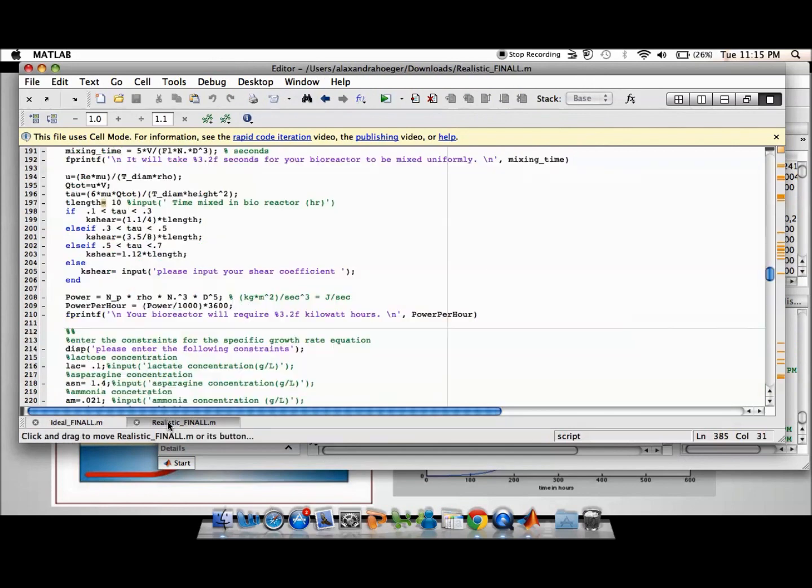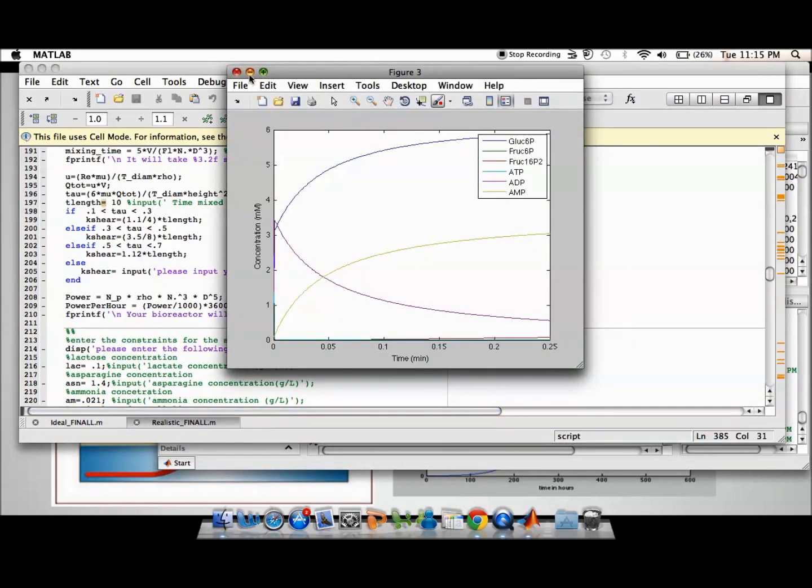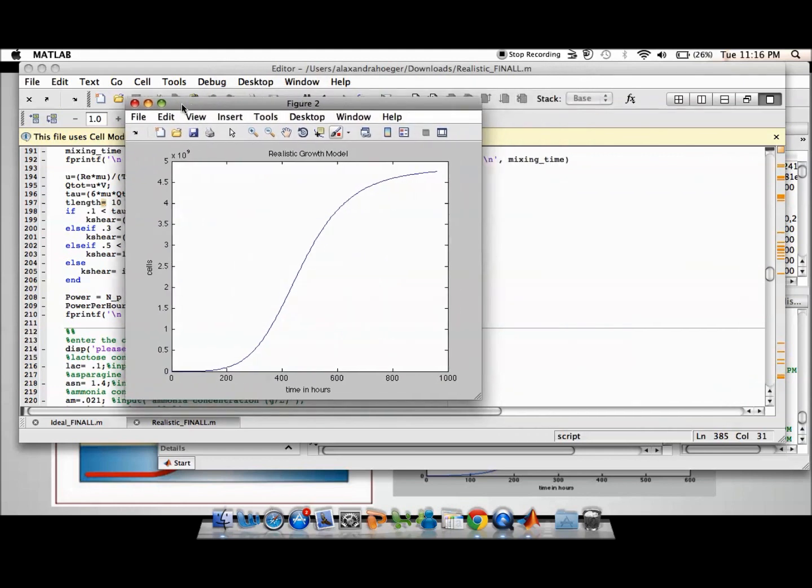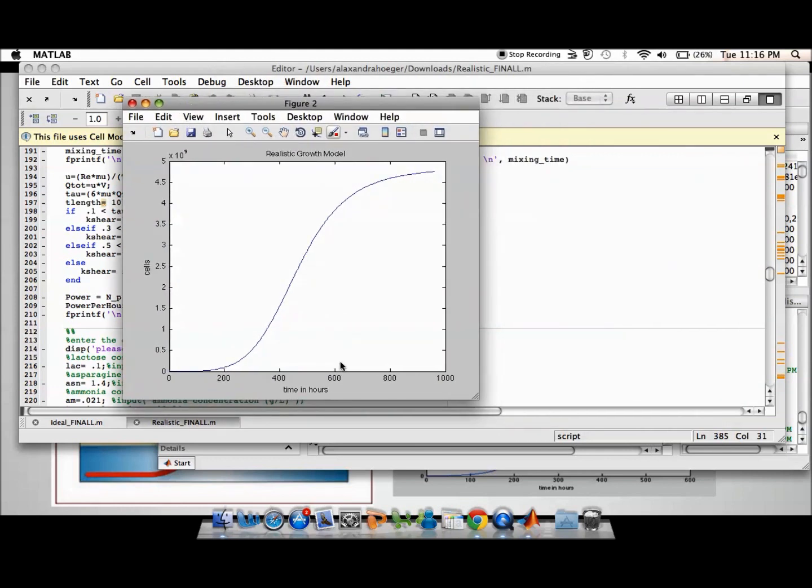And then if we go to the realistic, we can plot, and we get something, or we don't, like this. There we go. So I don't know if you saw the first one. The first one reached confluency at about 500 hours. This one is going to reach confluency around 800 hours.